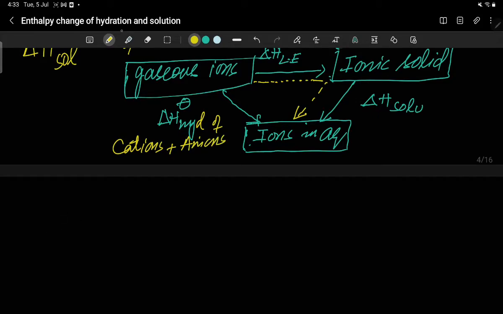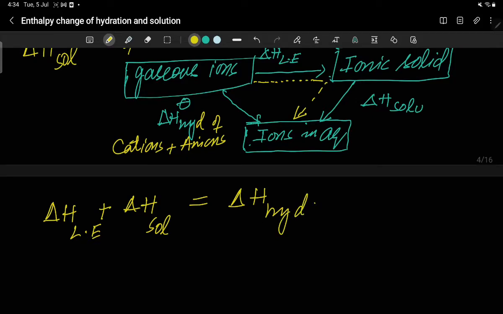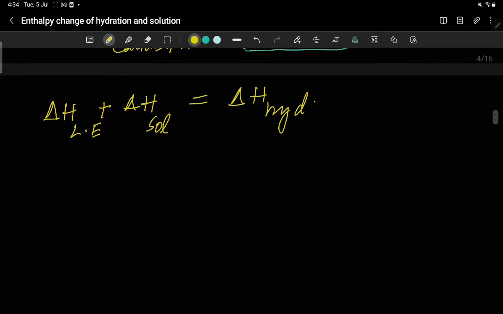So we can solve by using this: delta H lattice energy plus delta H solution is equal to delta H hydration. We can calculate this by drawing a Born-Haber cycle like this.